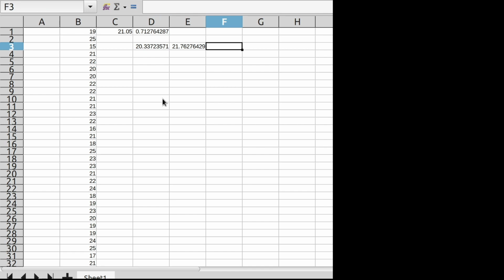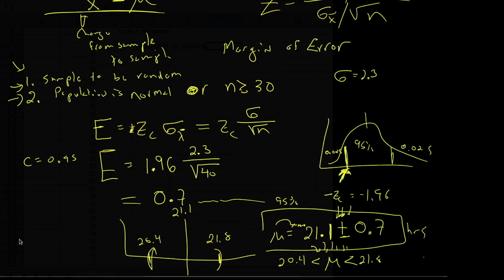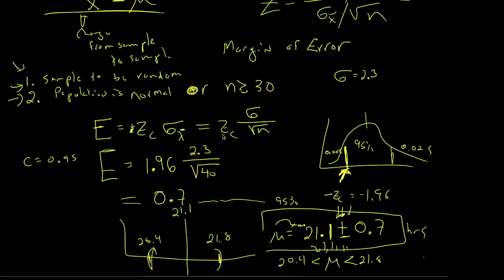This is the best way to compute it, in my opinion, because if I change data in here, I'll get a new mean, and it updates everything for me. But we can also compute it on paper like we've done before. We can use different technology, but this is what the formula looks like for confidence intervals. And so we have the ability to talk about being certain of where our data is. And that certainty comes from things following a normal distribution. So that normal distribution and that z-score is very important for us.